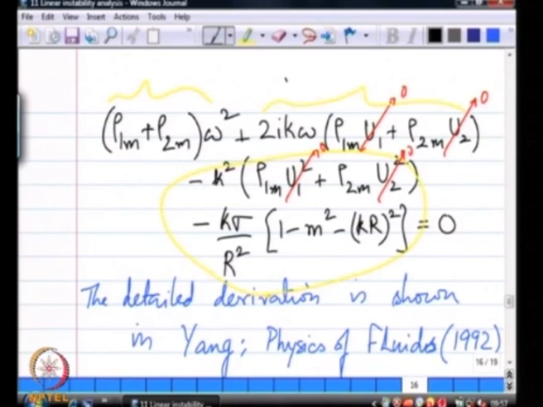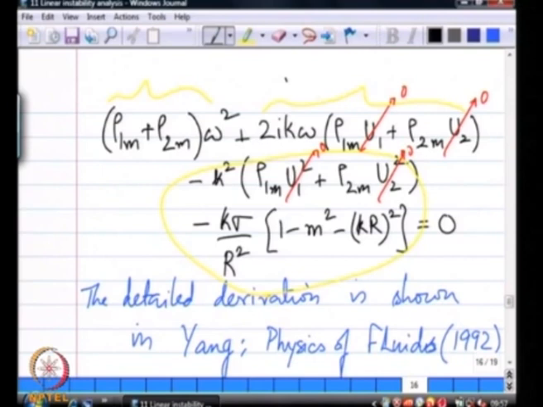And there is a rho 1 inside here. So essentially the fluid density and the surface tension of the fluid are the only parameters that matter. And I can find the growth rate.